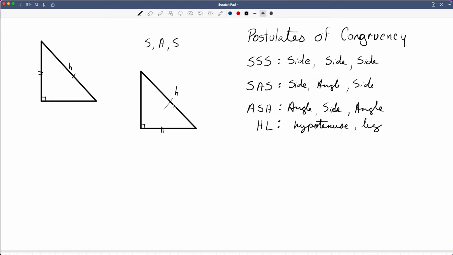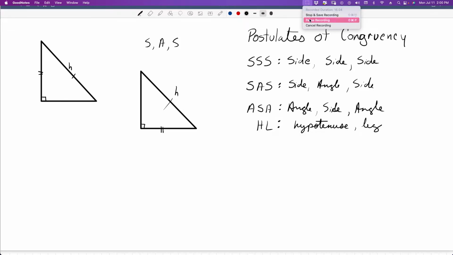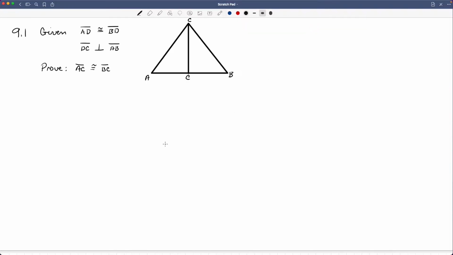Okay. All right, so let's begin with writing our first proof outline. Let's look at example 9.1. All right, so here is example 9.1, and we are going to do what's called a proof outline. And it's just going to kind of ease you into the idea of doing proofs.